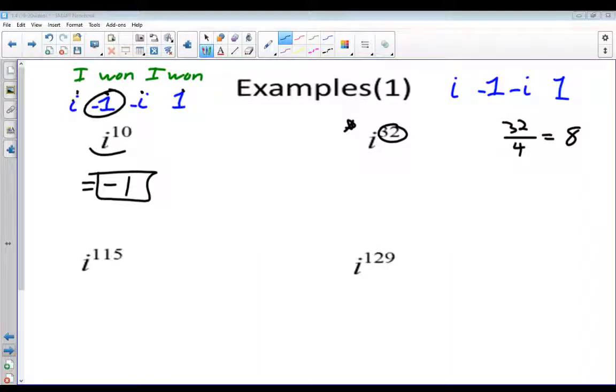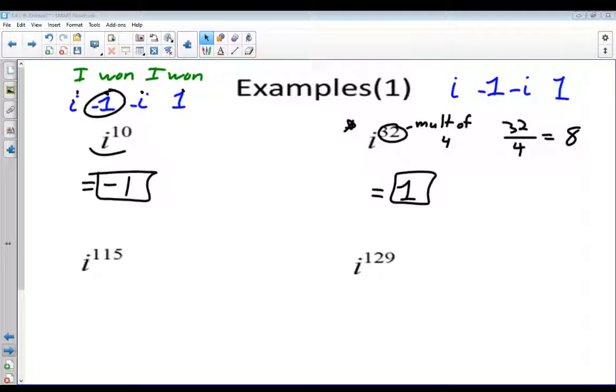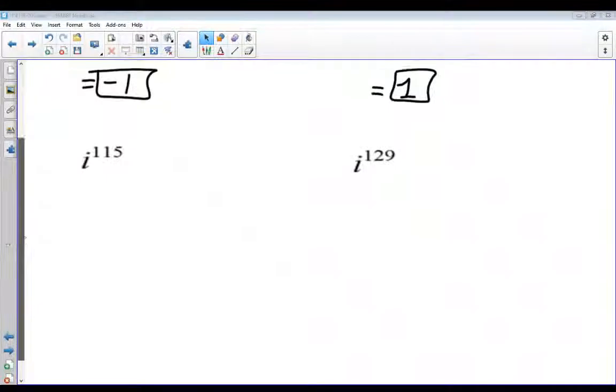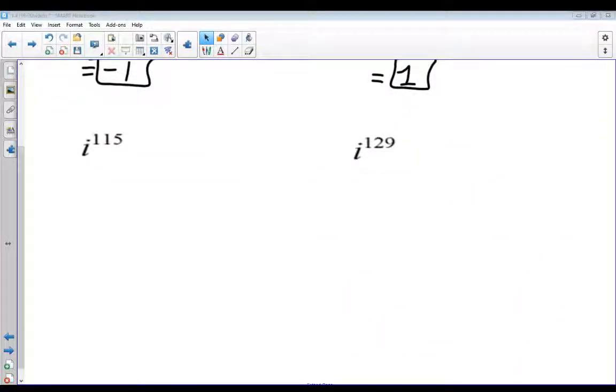So 32 is a multiple of 4, and any multiple of 4 is immediately going to equal positive 1. That was pretty easy. Any power that's a multiple of 4 instantly becomes 1. Easy peasy. But now moving on to the last two. So i to the power of 115. Oh boy.